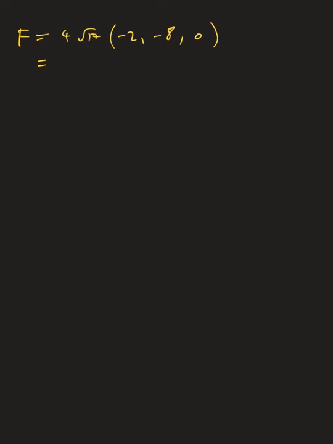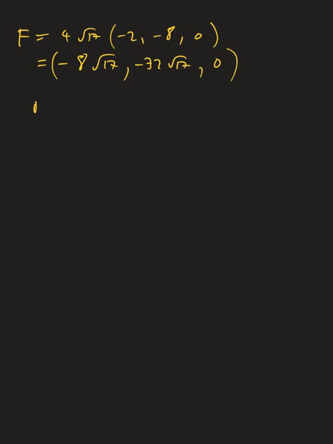I put my V there into that formula and I get this: minus 2 times 4 times root 17 is minus 8 times the square root of 17. Minus 8 times 4 is minus 32 times the square root of 17, and 0 times anything is just 0. So that finally is my force vector.